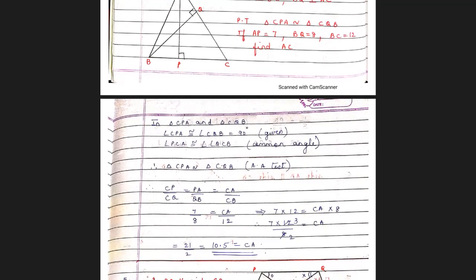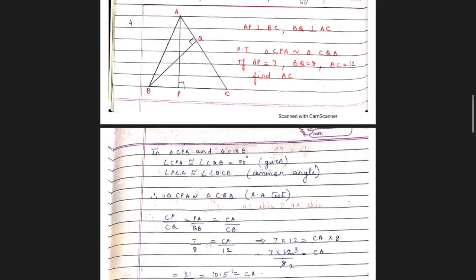That's equal to the first and the third, CA upon CB. It becomes very easy. There's no confusion. You don't have to find out which vertex corresponds to what later if you write this in the first place correctly.